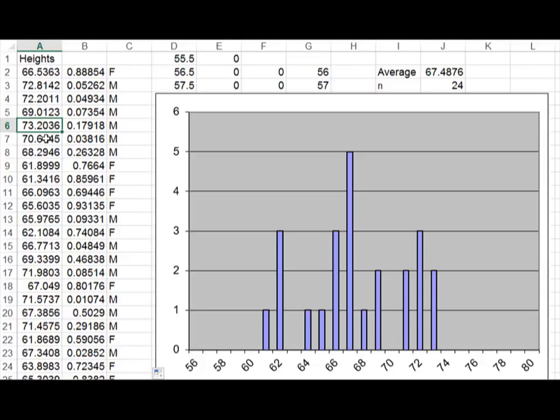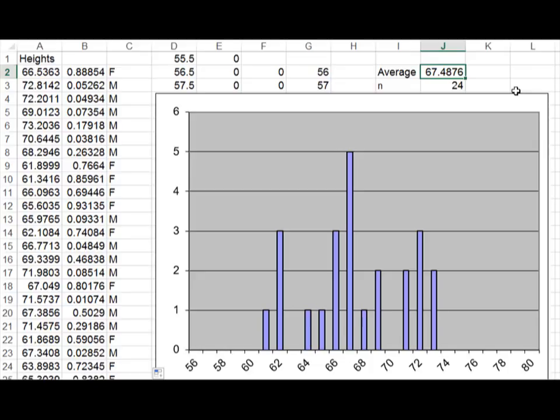If we look at this sample mean of 67.5 or so, 67.5 inches, that's the mean of the 24 observations that we looked at, or our sample mean. What we hope to do is to use that sample mean of 67.5 to make an inference about the mean height of all people in our population from which our 24 people were randomly selected.